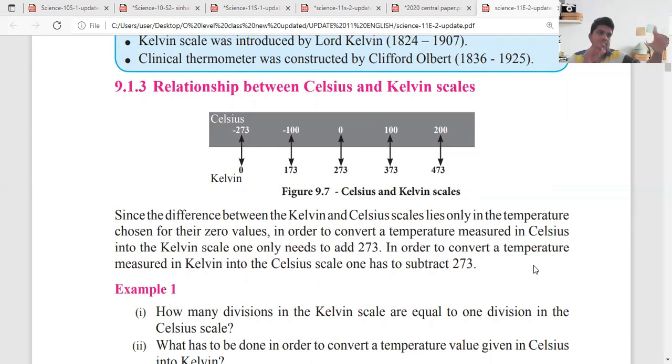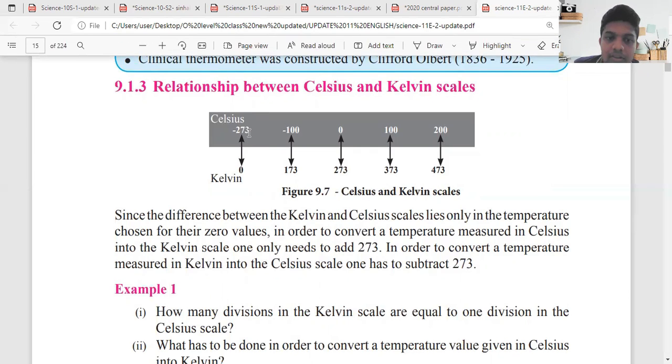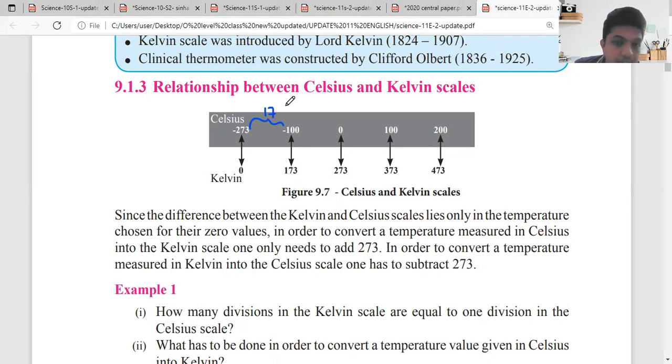If you take 100 Celsius, the difference in Kelvin is also 100. For 150 Celsius it is 150 Kelvin, for 20 it is 20. The difference is equal, but the starting points differ. At minus 273 Celsius it is 0 Kelvin. From there to minus 100 is a difference of 173, so at minus 100 Celsius it is 173 Kelvin. The difference is always equal.